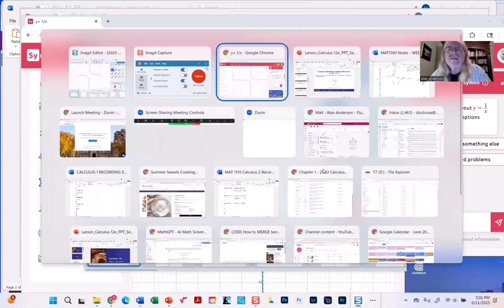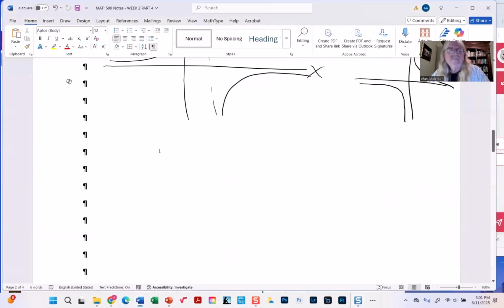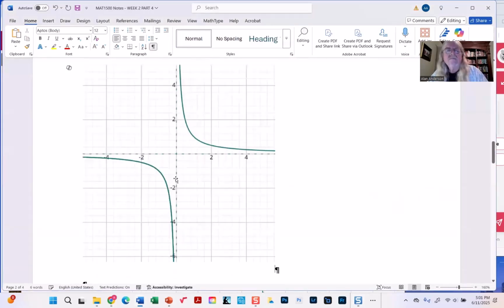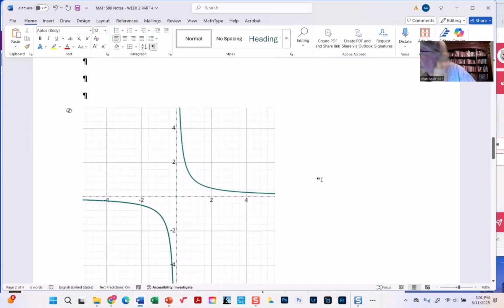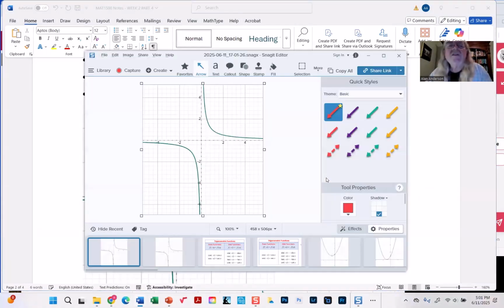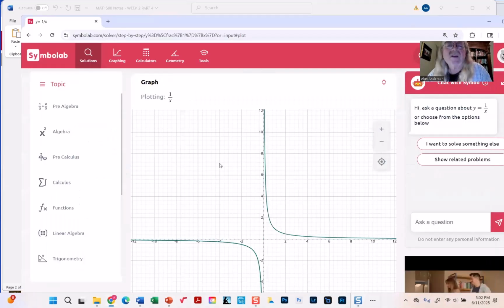So that's 1 over x. So how would it change if I replace that with -1 over x? This is what we're interested in.